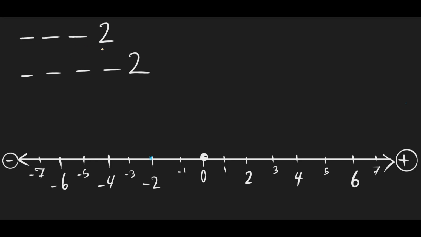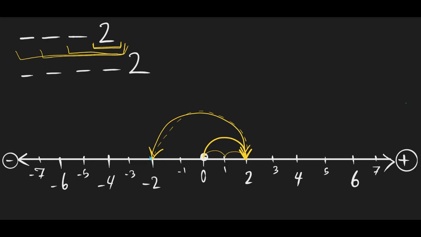So if you take this first step on the number line, we have a positive 2, so we go 2 steps to the right, and here we are. Then we go for the first negative sign. The negative sign says this is the opposite of 2. So the opposite of 2 is negative 2. The second negative sign, another opposite, and the third negative sign, another opposite. So we end up at negative 2.